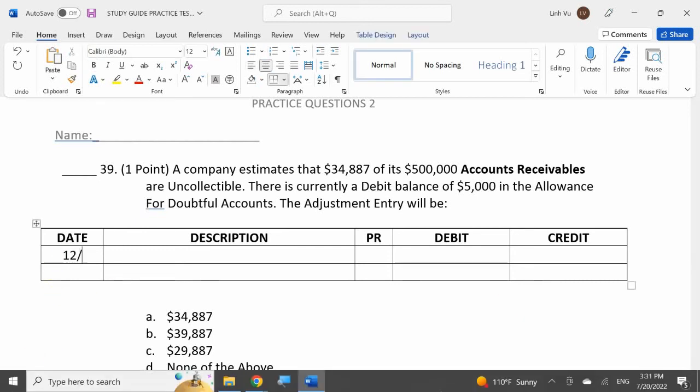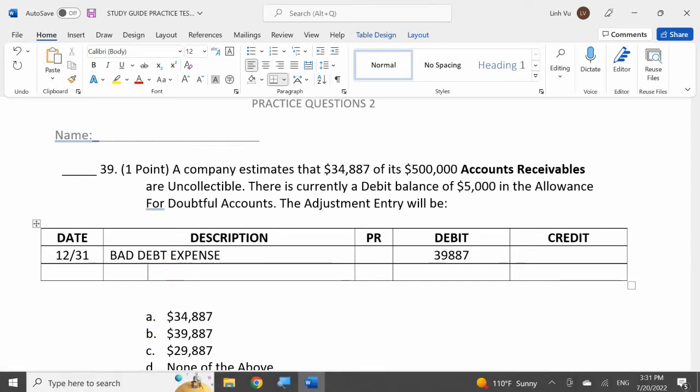So you debit bad debt expense for $39,887. Okay. And credit allowance for doubtful accounts for the same amount.